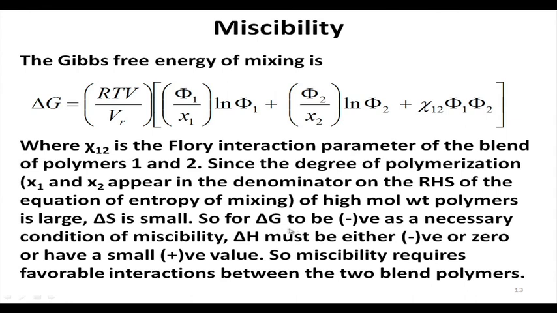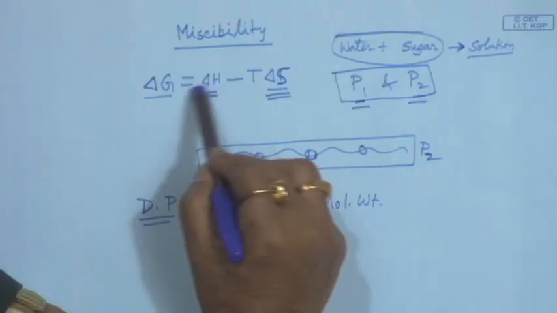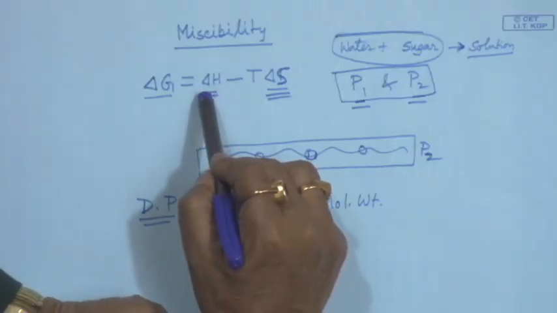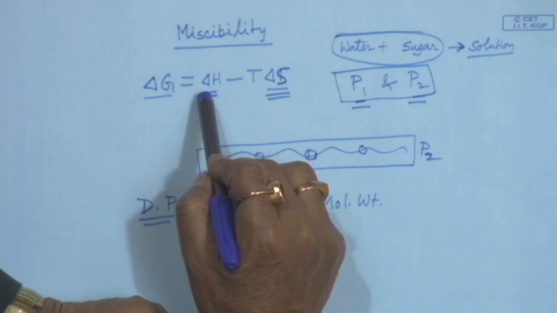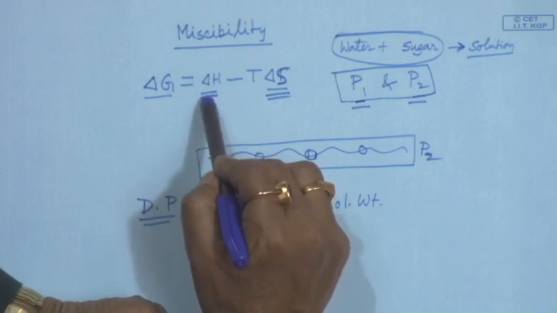So, in order to get delta G to be negative as a necessary condition of miscibility, there is no other option but to have this delta G negative or 0, or a very small positive value. Even if it is positive, it should be very small.